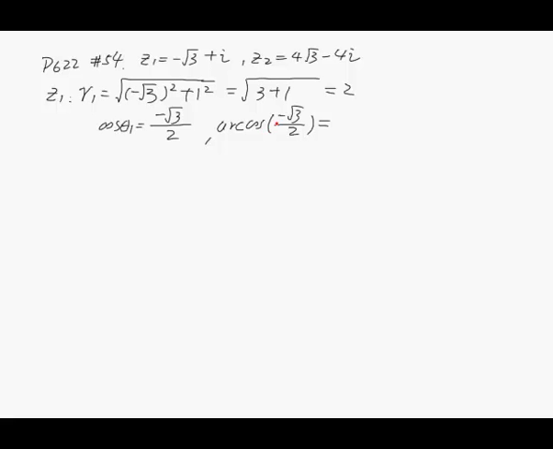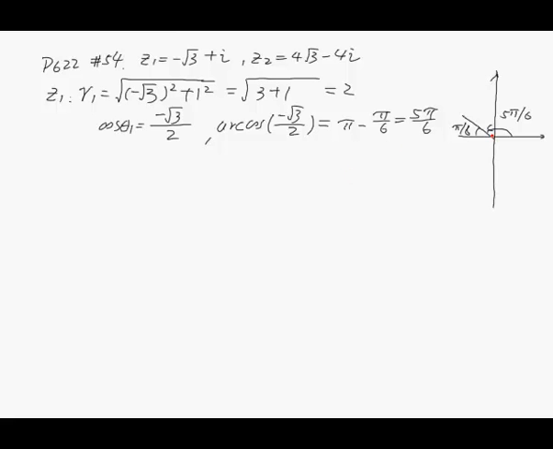With the negative sign, it should be pi minus pi over 6, so this is 5 pi over 6. Let me draw the sketch. This is pi over 6, and this one is 5 pi over 6.